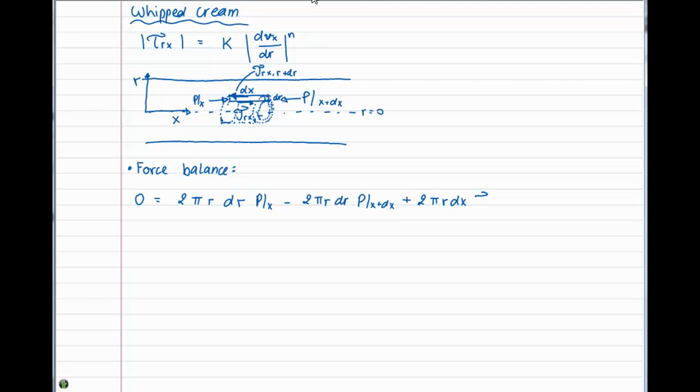For the shear stress force, we multiply the outside area of the cylinder, so 2 pi r times dx, with the shear stress. And that also once at the point r and once at the point r plus dr. Now we regroup the terms so that we can rewrite p of x plus dx and p of x as dp, and the same with r times tau.